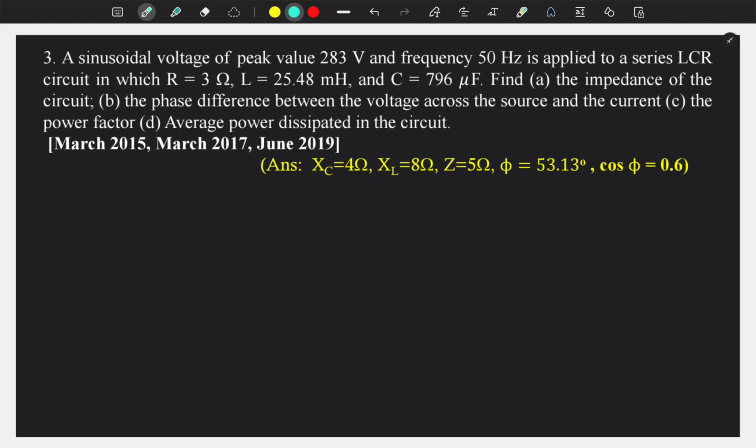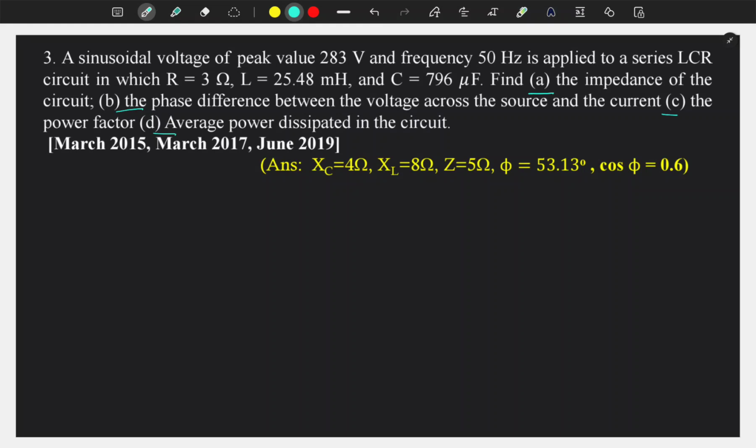where we have a sinusoidal voltage of peak value 283 volt, frequency 50 Hz, applied to a series LCR circuit in which R value, L value and C value are given. Many sub questions are there, A, B, C, D. Question A is the impedance of the circuit.